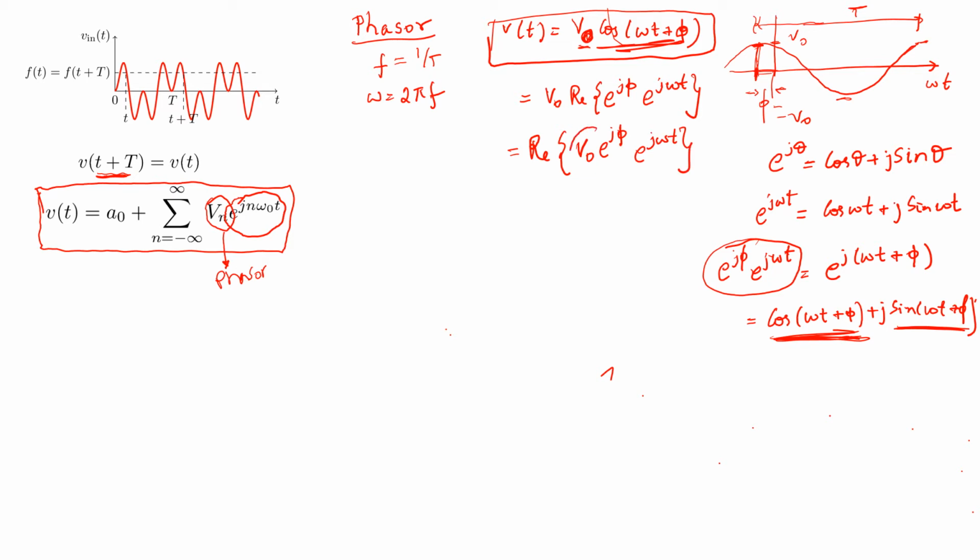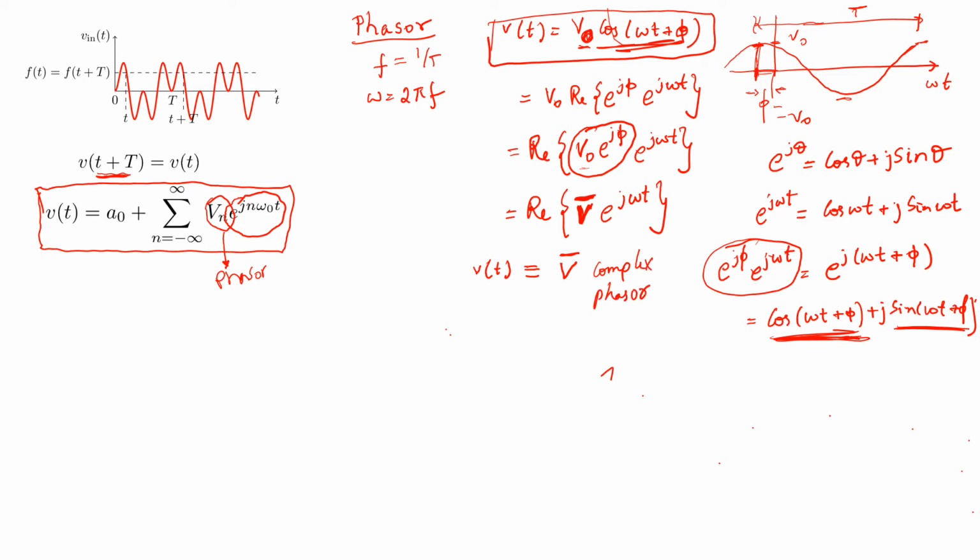Now this particular term, which is a complex number having a certain magnitude and an angle, is what we call the phasor, and let's say we denote it by V bar. So this V bar is going to be a phasor, and the time dependence is captured by e power j omega t. So this continuous time domain signal that is periodic is equivalently represented by a single complex number, what we call the phasor.